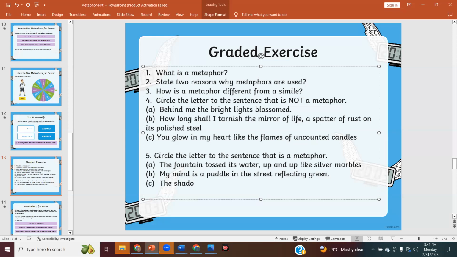C. The shadows of clouds charge down the street like horses.